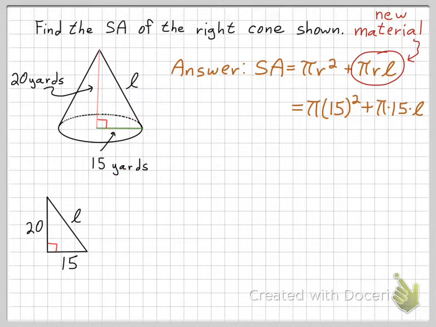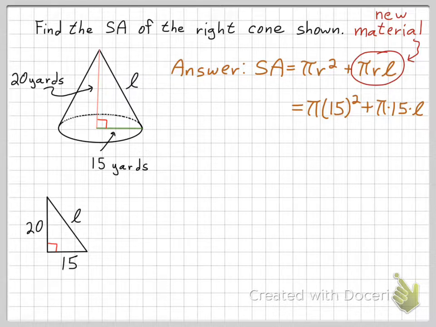And the height is 20, and right there, that's where you get your 15 from. And we need to find the slant height, which is the hypotenuse of this triangle. Well, you can use the Pythagorean theorem, of course. L squared is equal to 20 squared plus 15 squared.